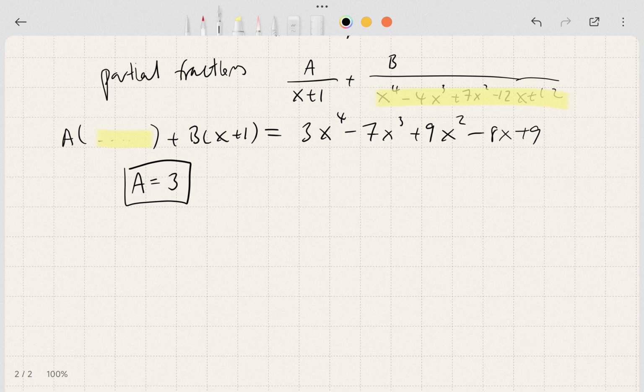So A is equal to 3, and we know that 12A plus B must be equal to 9. We know that A is equal to 3, so B is equal to 9 minus 36, which is equal to minus 27.